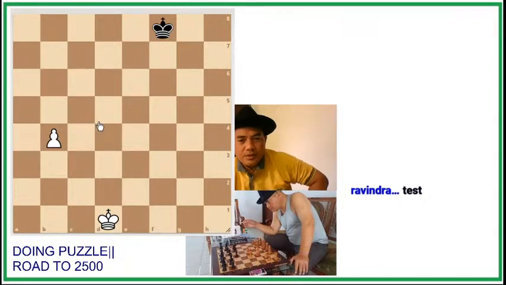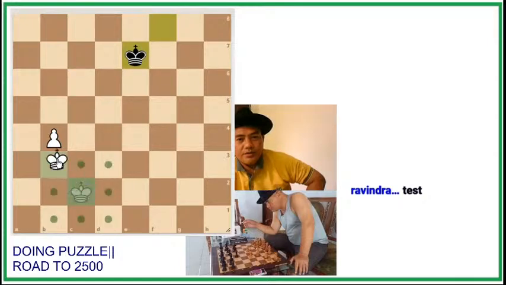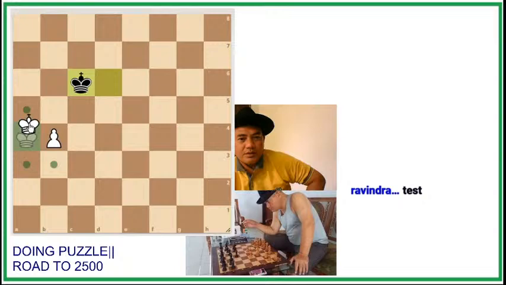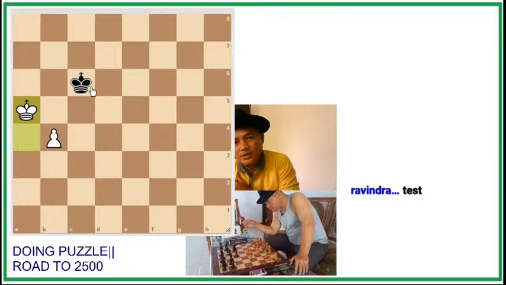So the right way for white to win here is to go to the farthest square. The farthest is the hardest to defend, so let's go to that square. And when we go to that square, you see that we attack that square. And of course, black in this position has to guard the square.